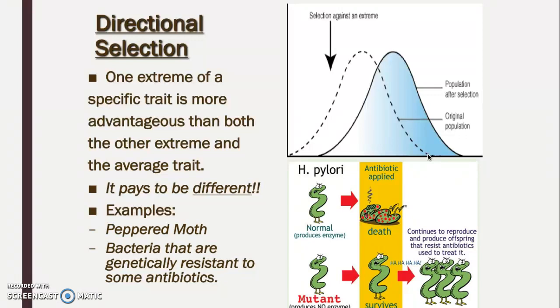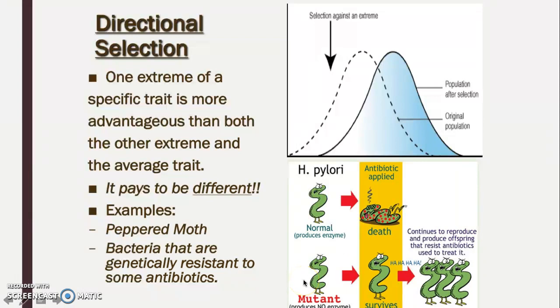But when we look at directional selection, there are some bacteria that are more and more resistant to antibiotics. So let's say you have an H. pylori infection in your stomach, you take antibiotics to try to kill the bacteria, and some of them survive. The ones that have these genes that are allowing them to survive, that's supposed to be our mutant down here.